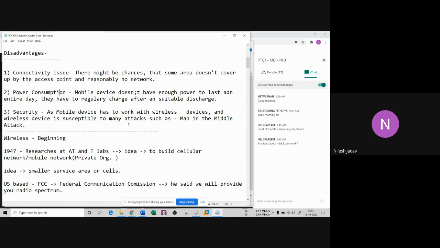If all the resources are on a cloud, then I can do something like a DDoS attack or something like that. So there are many security overlapping problems if my infrastructure is using wireless network, because wireless does not have any medium. If there is no medium, it is impossible for a network administrator to find the problem. So there is a security loophole also in the disadvantages.